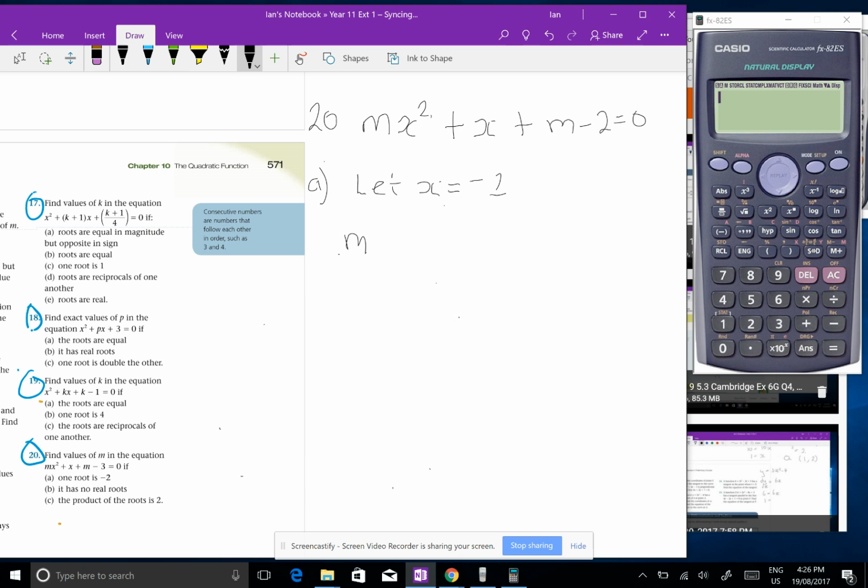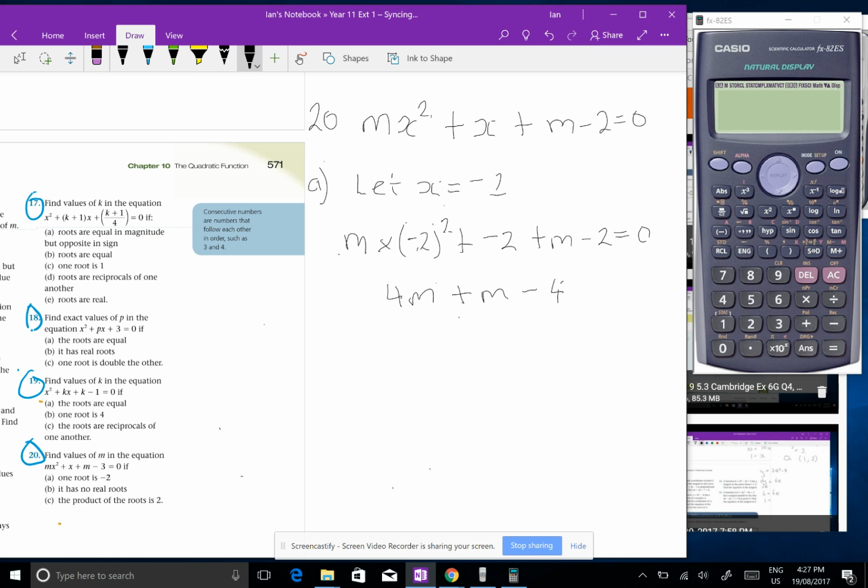So I get m times negative 2 squared plus negative 2 plus m minus 2 equals 0. 4m minus 2 is going to be minus 4, but I'm going to have that plus m minus 4. And that doesn't look right.